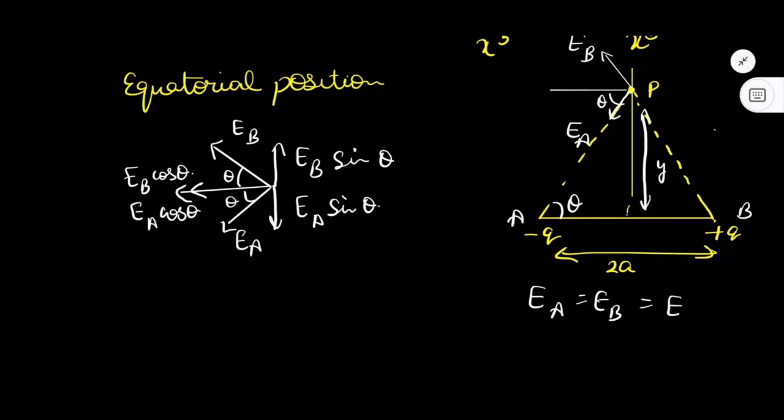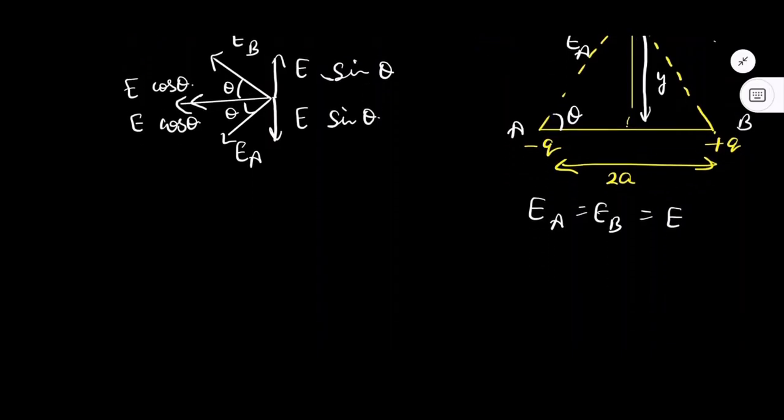Let me remove A and B from all, and now we see the vertical components are getting subtracted while the horizontal components are getting added.